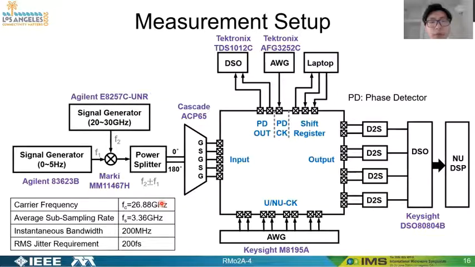One of these 2 tones is viewed as the desired signal, and the other one becomes the undesired blocker. These 2 tones are sent into the chip through the power splitter and the probe. On the output side, the non-uniform samples come into the differential to single-ended active probes and are captured by the oscilloscope.